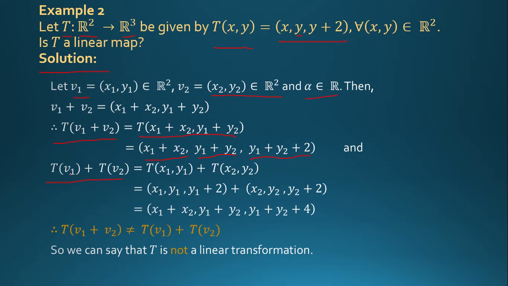And T of v1 plus T of v2 is equal to T of v1 ની value (x1, y1) plus T of (x2, y2). હવે આ ડેફિનેશન પ્રમાણે આપણે વેલ્યુ પુટ કરીએ તો (x1, y1 plus 2) ને પ્લસ T of (x2, y2) ની વેલ્યુ બાય ડેફિનેશન પુટ કરીએ આપણે તો (x2, y2 plus 2).